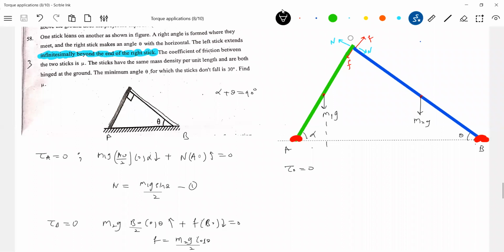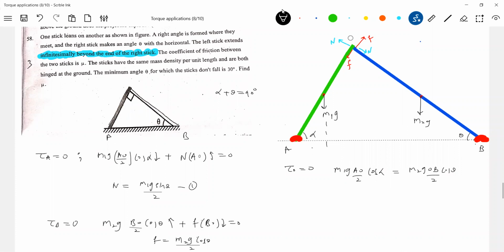So torque about O will be only due to weight because F and N and the reactions will get nullified here. So therefore, this should be equal to M1G AO by 2 cos alpha should be equal to M2G OB by 2 cos theta. So alpha equal to 90 minus theta, this will be cos alpha, this will be sin theta.